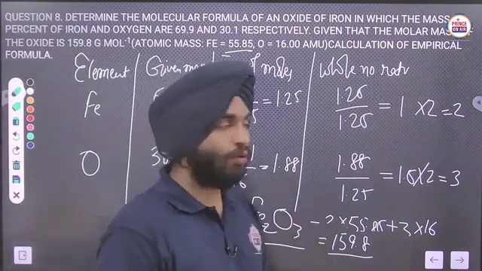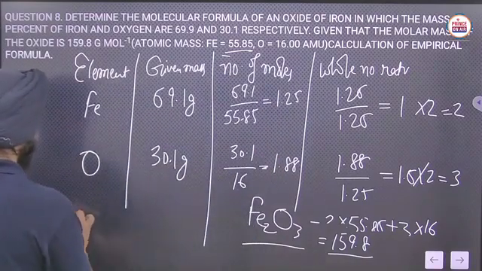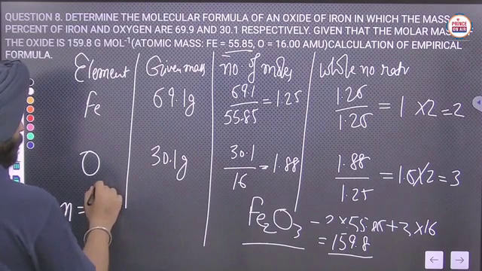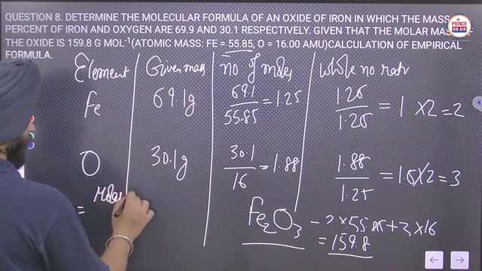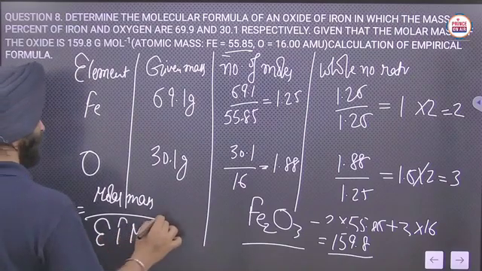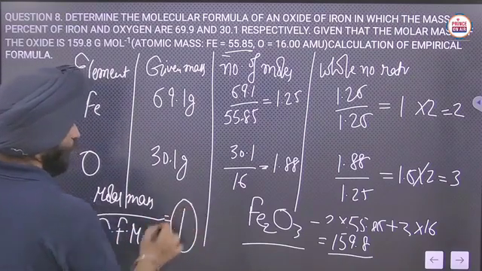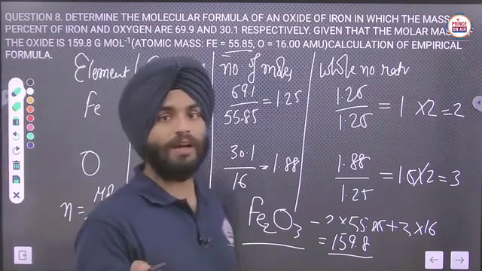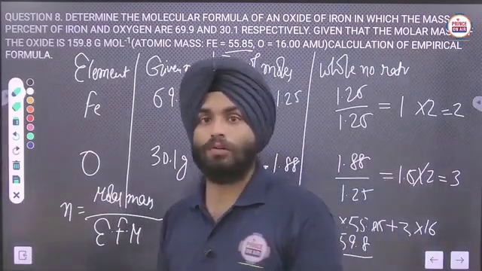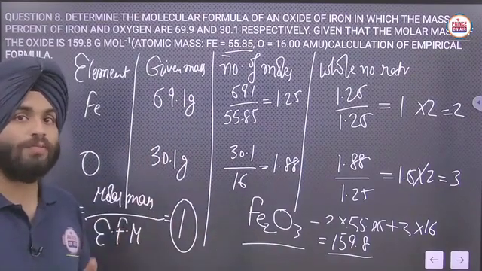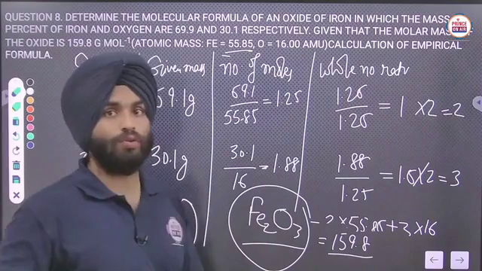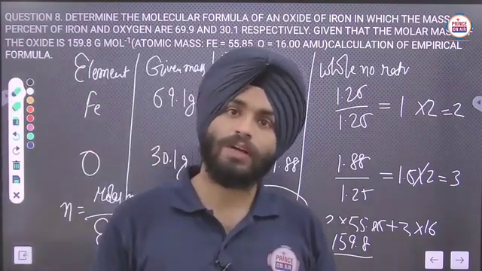If it is equal to the molar mass, then n is molar mass upon empirical formula mass. Both are the same, so n comes out to be 1. If you multiply n with the empirical formula, you get the molecular formula. So the empirical and molecular formulas are the same here, and the answer is Fe2O3. Okay, clear?